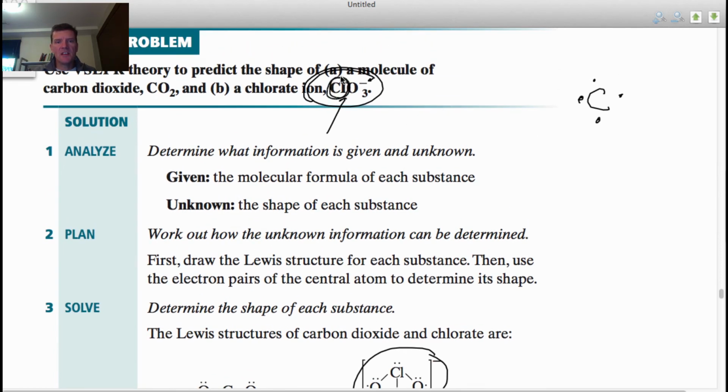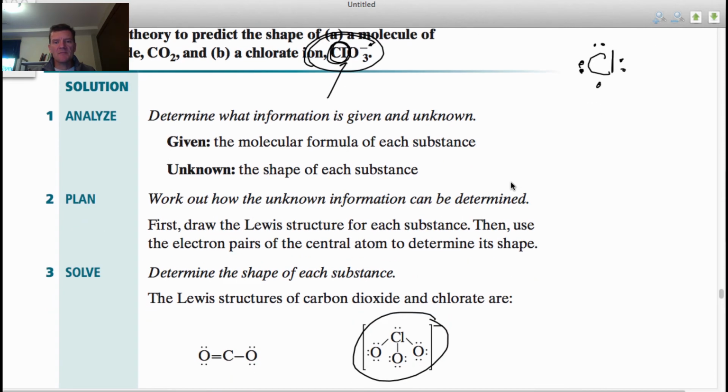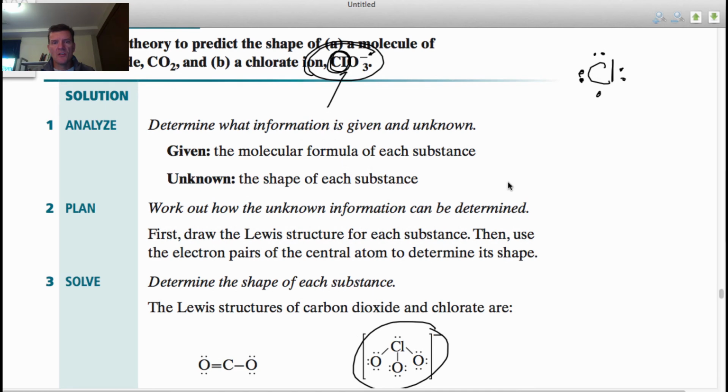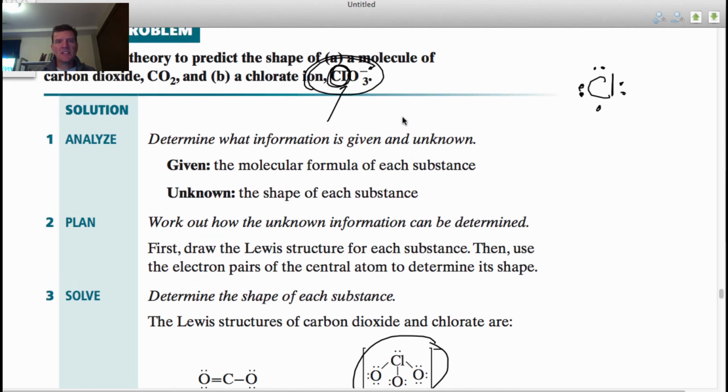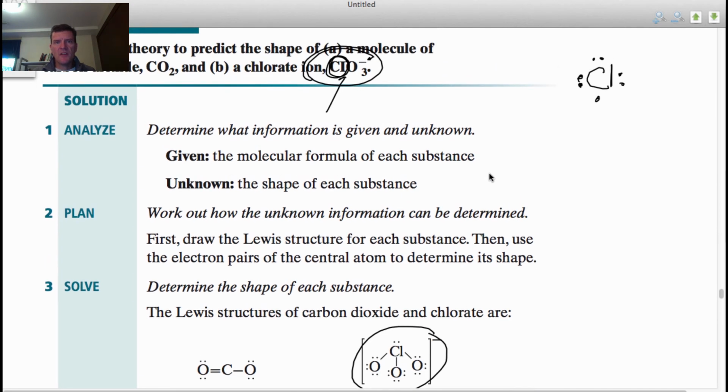My apologies. This is Cl, chlorine, in group 17, so it has 7. And oxygen has 6.